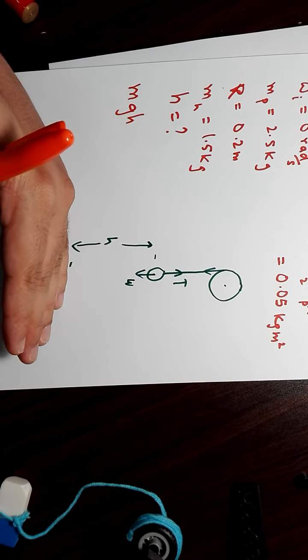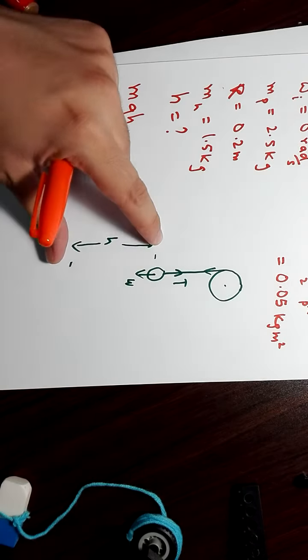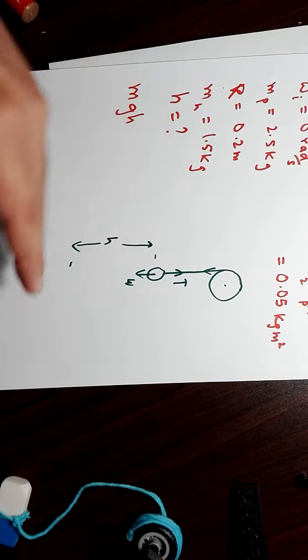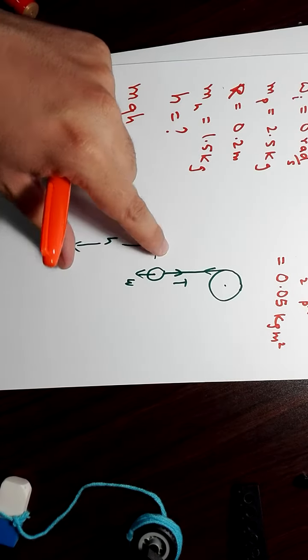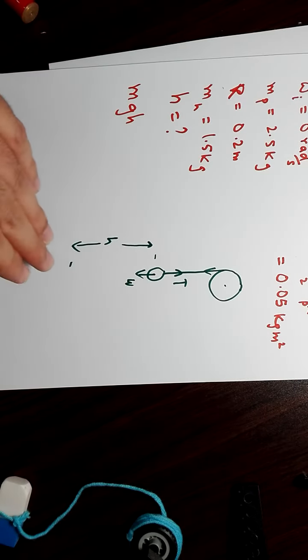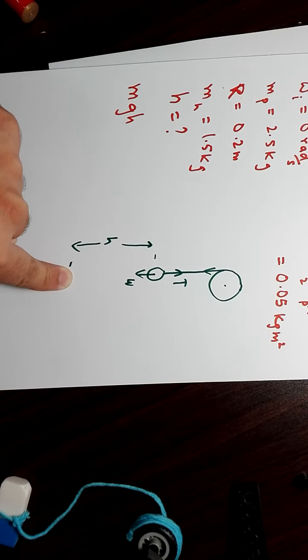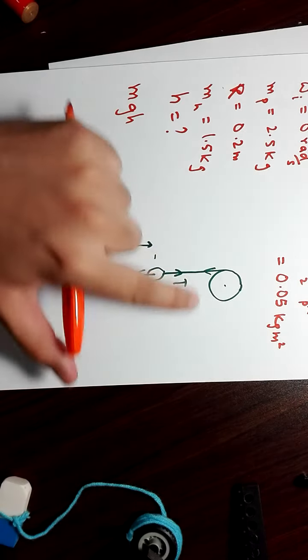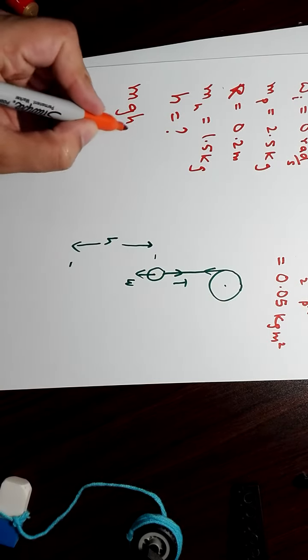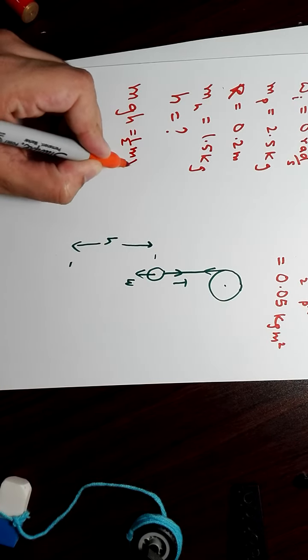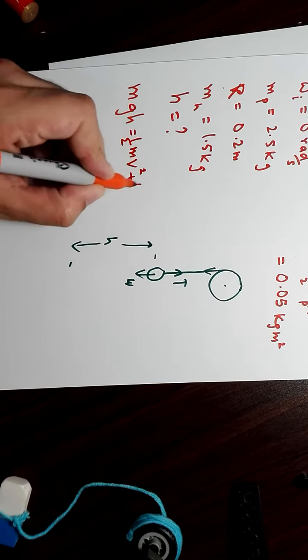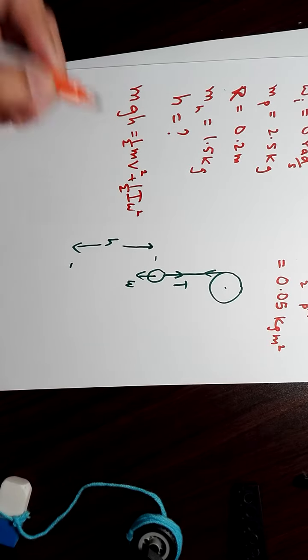So we're assuming that this is zero potential energy. So mgh, it has potential energy over here. When it reaches over here, the mgh is converted into the translational kinetic energy of the stone and the rotational kinetic energy of the pulley. So you get half mv squared plus half I omega squared.